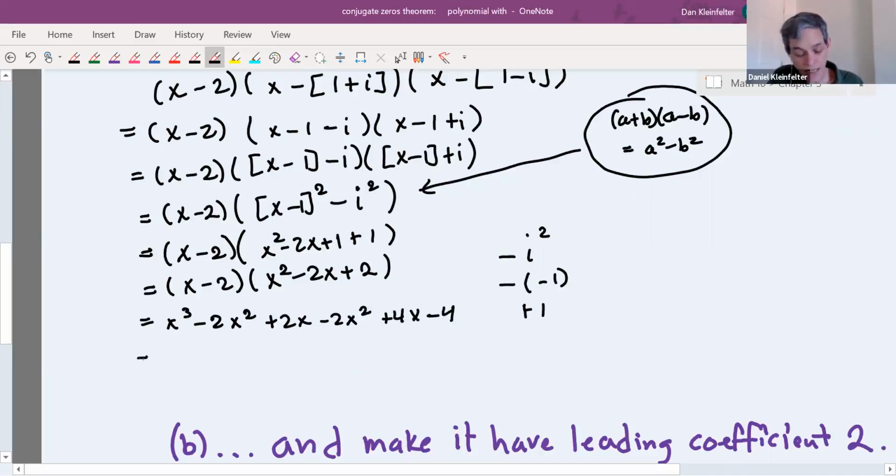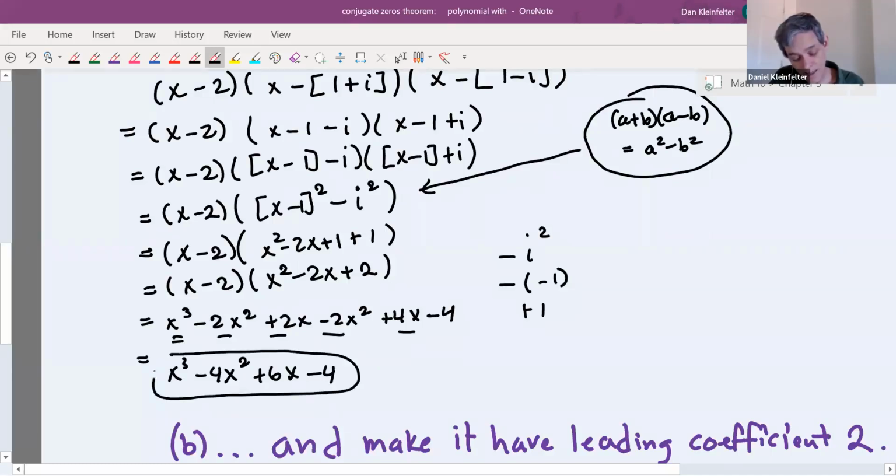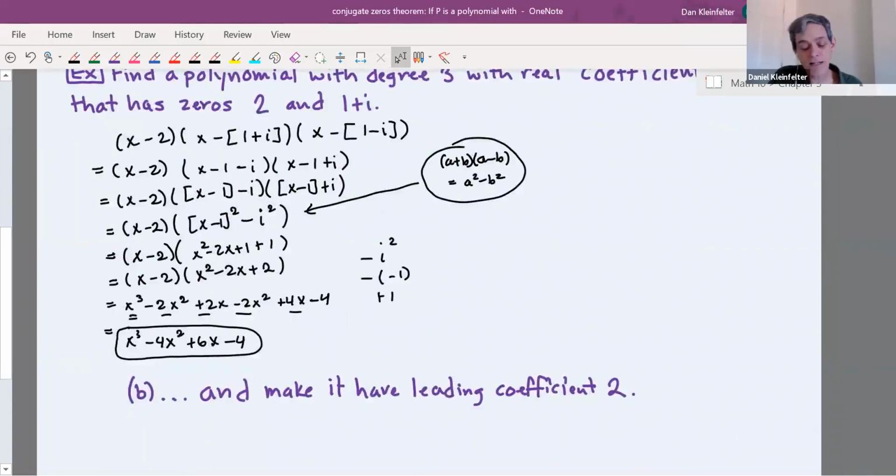Okay, and then let me combine like terms. We'll have x cubed, minus 4x squared, 6x, and minus 4. Okay, so that finally will do it. That has the correct zeros. It has the correct degree.